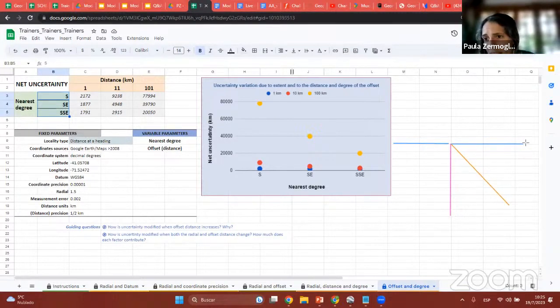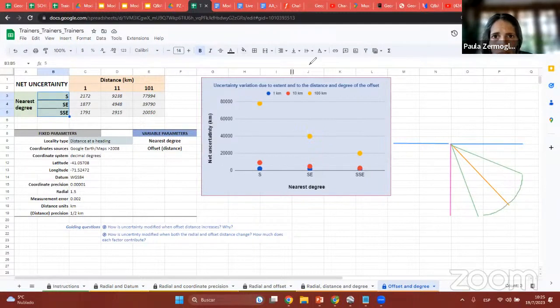So I didn't say east, I didn't say south, I said southeast. And so my mistake could have been half to this side or half to this side. And so my arc of uncertainty would have been that.